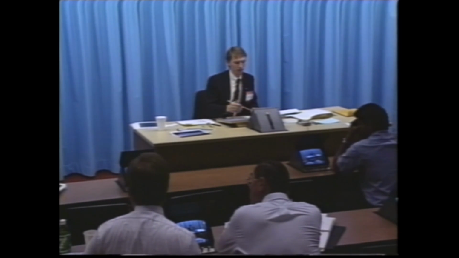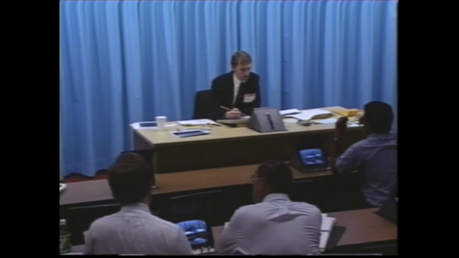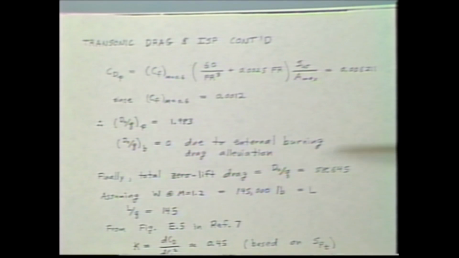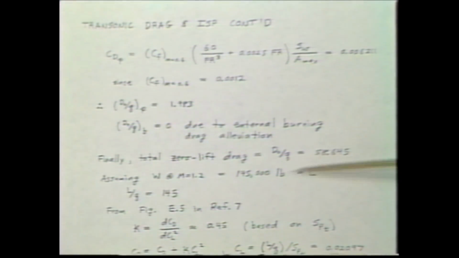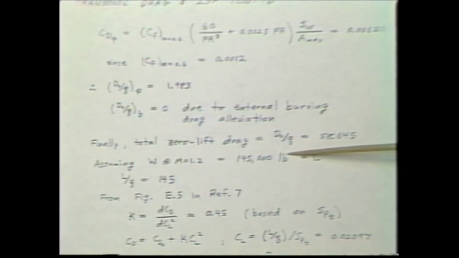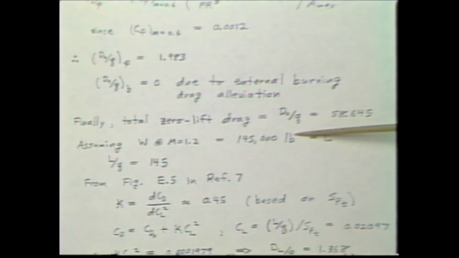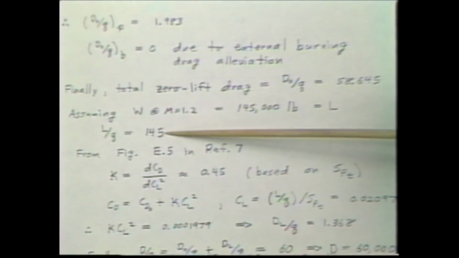Let's walk through this very briefly. We're able to evaluate the pressure drag contribution, and the total zero lift drag, in terms of drag over dynamic pressure, came out to 58. Assuming our plane has used a little bit of fuel and now weighs 145,000 pounds, our lift over Q is 145.